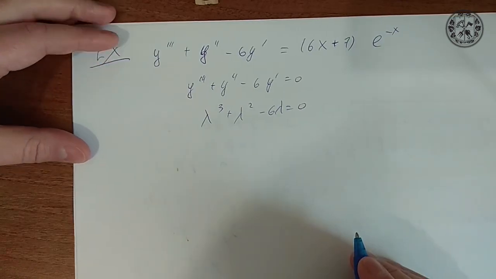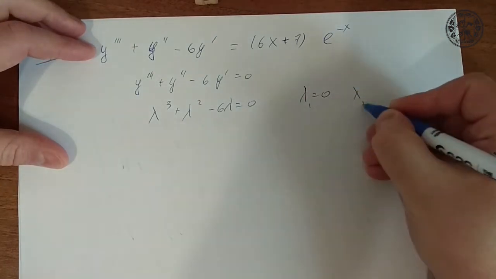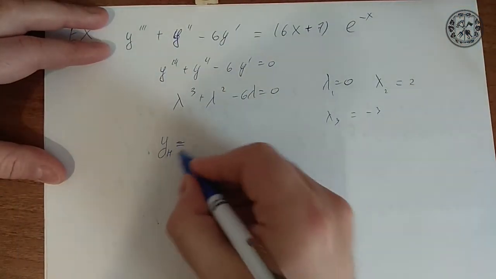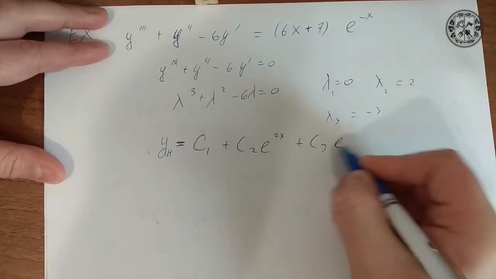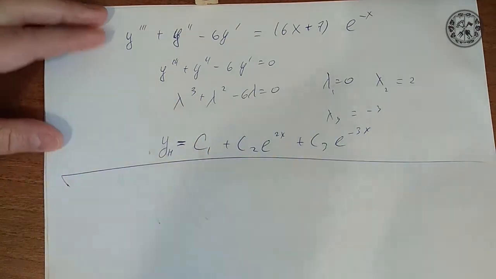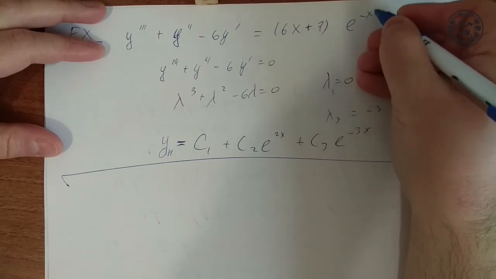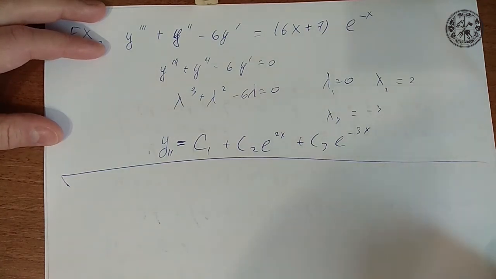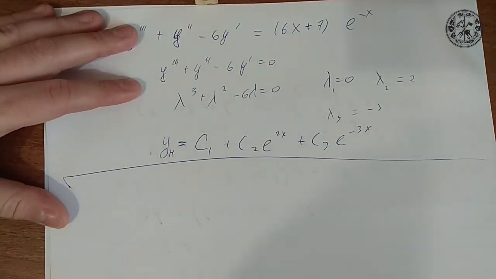So we'll get lambda equals 0 first solution, lambda equals 2 second solution, lambda equals minus 3 third solution, and y homogeneous will be c1 plus c2 e power 2x plus c3 e power minus 3x. As to the non-homogeneous part, here with the exponent we have minus x. So we should check if lambda equals minus 1 is a solution of our characteristic equation, but we have none. We have 0, 2 and minus 3. We don't have minus 1 here.